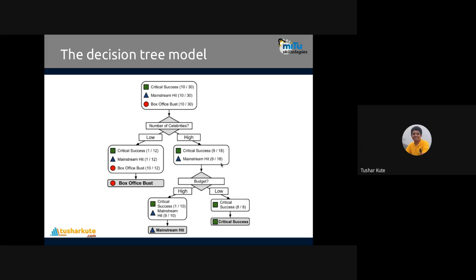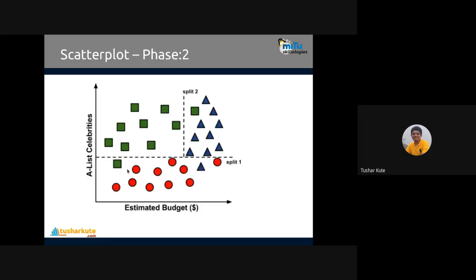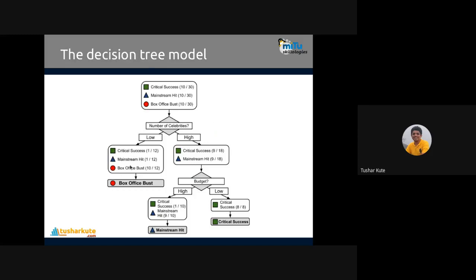Here 12 and 18, that split is done. When the number of celebrities is low, the 12 movies are mostly box office bust. Out of these 12, 10 movies are box office bust, so not 100% there. We have seen two misclassifications were there, here this and this. So one critical success and one mainstream hit are there out of 12, and 10 are box office bust.